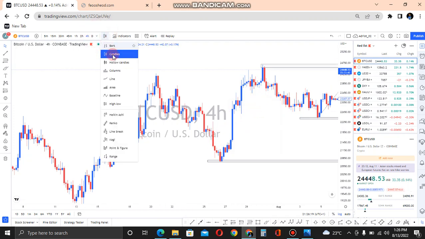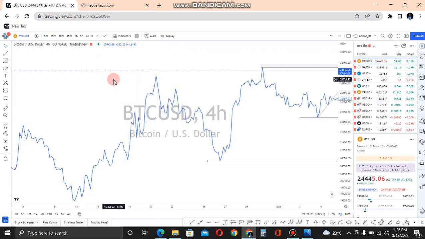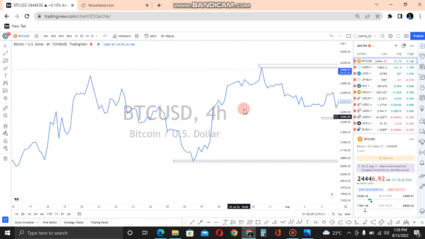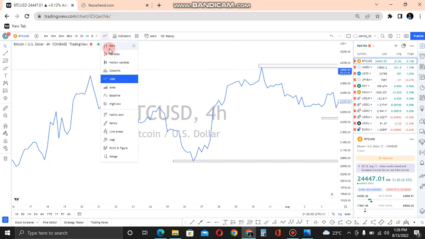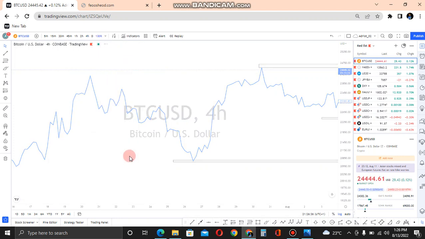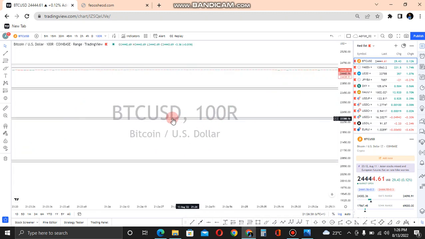But we have this thing called a line chart. Line chart inaappear namna hii. You can see lines, sawa? So we have another thing called the high-low line chart. As you can see, kuna range. These are range charts.